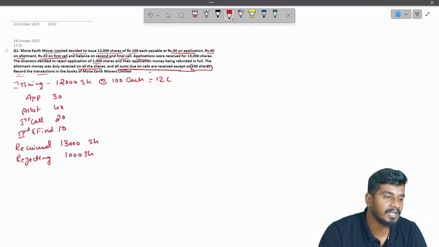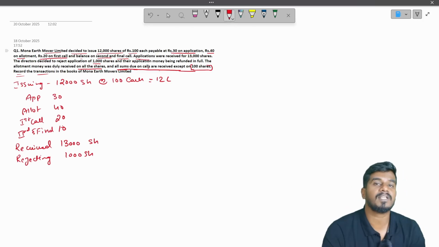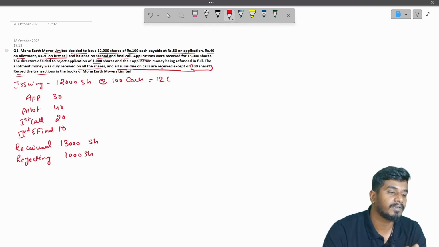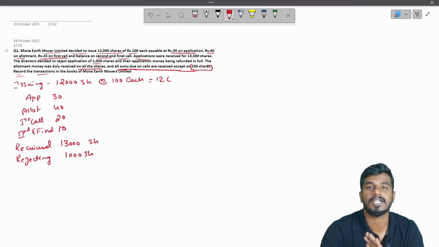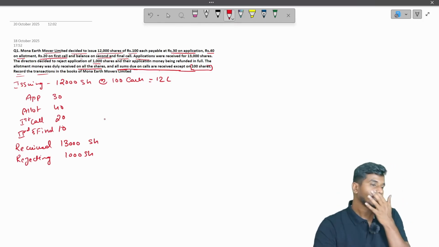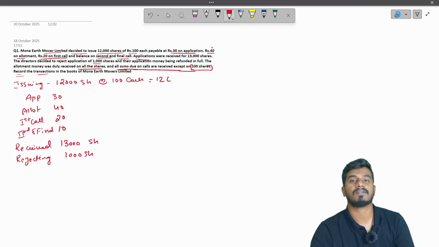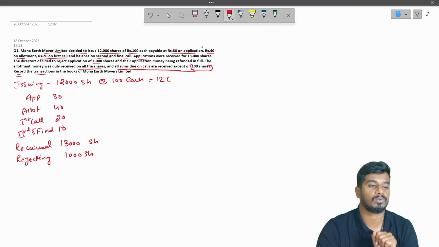If they mention it is pending from the shareholders, we need to make a calls in arrears entry also. If they didn't mention it, we just need to minus that. That's it.